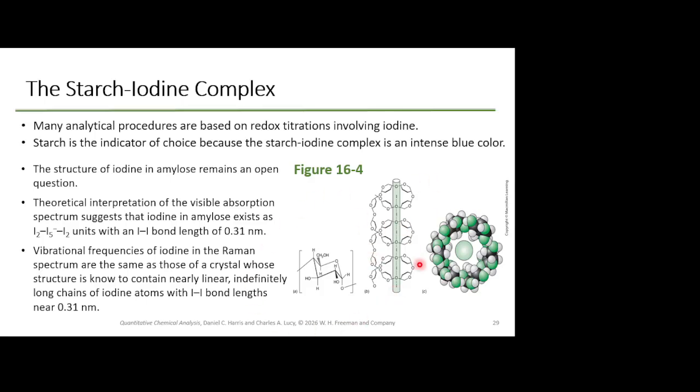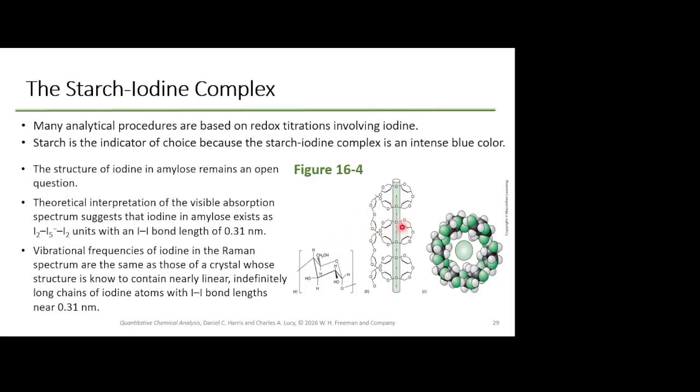This is the starch iodine complex, a very common redox indicator because it's very cheap and fairly easy to make. You can get this for way less money than most indicators. Most indicators are like $50 for a milligram. This is, of course, like kilograms for tens of dollars. The structure of iodine and amylose actually remains an open question.